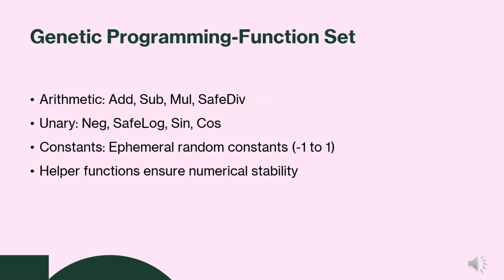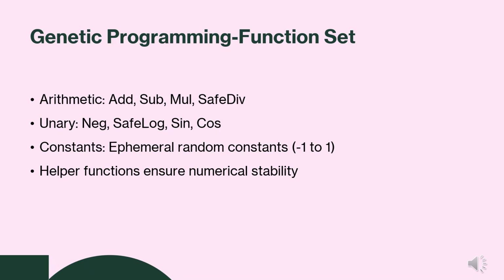Moving on to the GP function set. For our GP implementation, we used a set of functions that support stable and effective evolution. This includes standard arithmetic operations such as addition, subtraction, multiplication, and a safe version of division.